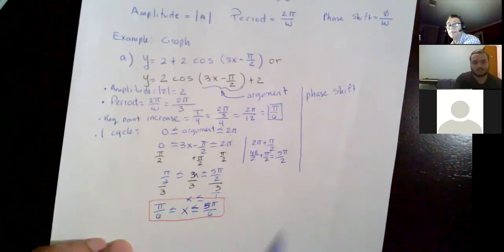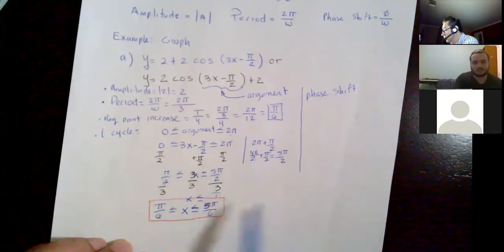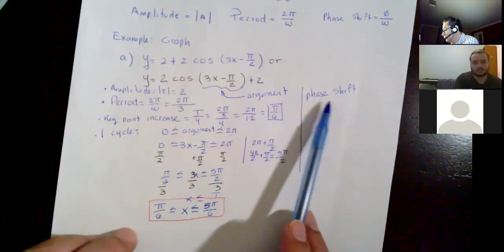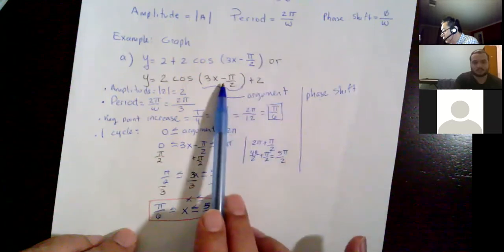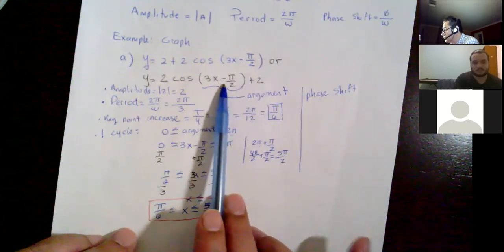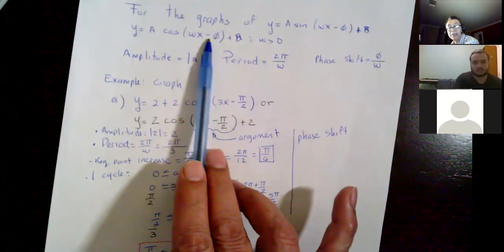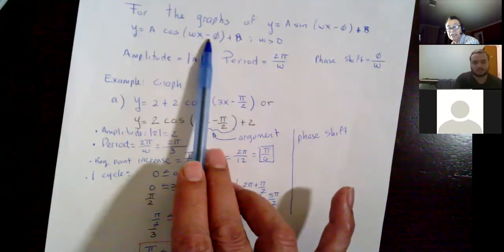Questions? Oh, okay. For the phase shift, you guys, notice that here we have a negative sign, which corresponds to the negative sign that we also have here. So let's be careful when finding the phase shift, right?